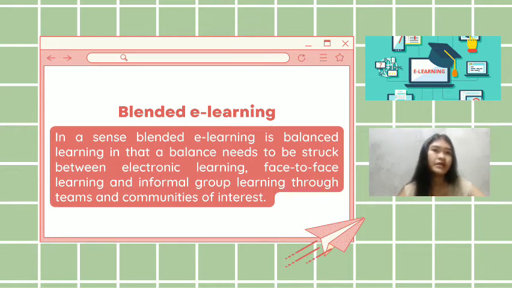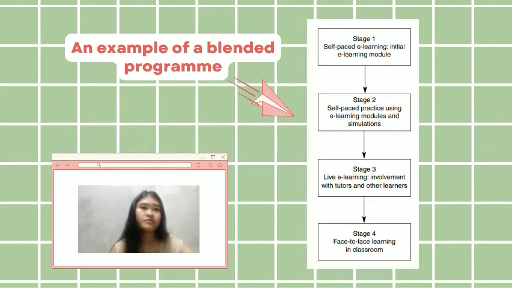So the next one is blended e-learning. The sense of blended e-learning is balanced learning, in that a balance needs to be struck between electronic learning, face-to-face learning, and informal group learning through teams and communities of interest. So an example of a blended program is shown below. These are the blended learning program examples. So in stage 1, it has self-paced e-learning, like an initial e-learning module.